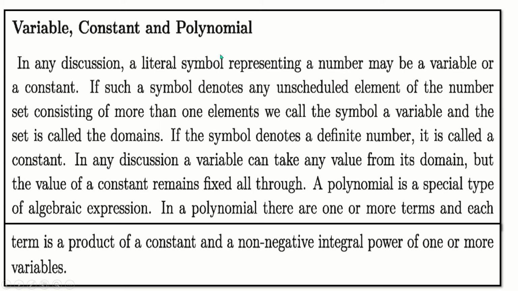Variable, constant, and polynomial. In any discussion, a literal symbol representing a number may be a variable or a constant. If such a symbol denotes any unspecified element of a number set consisting of more than one element, we call the symbol a variable.